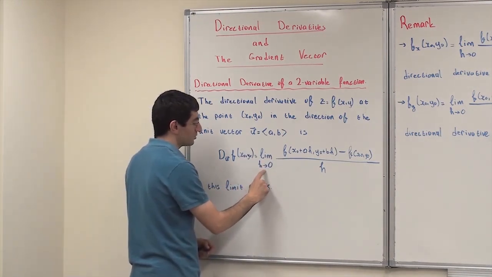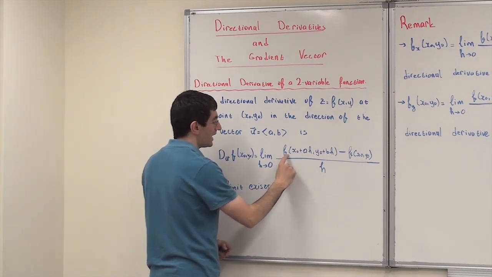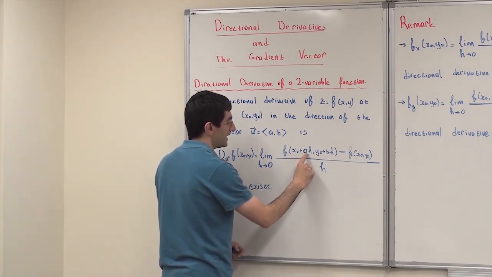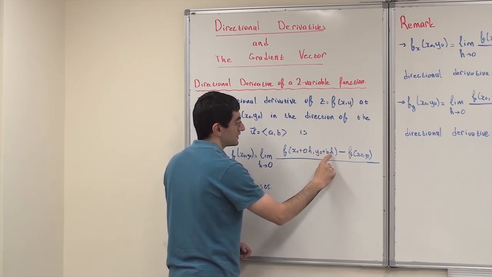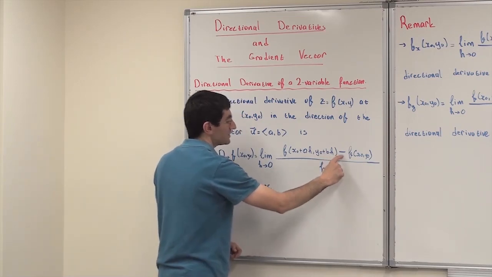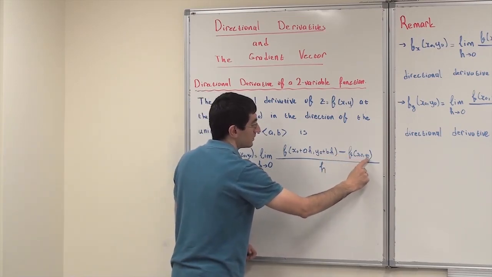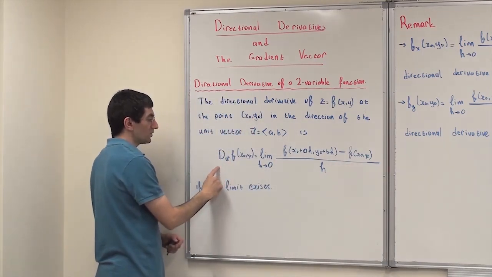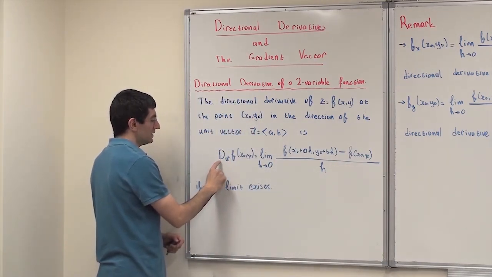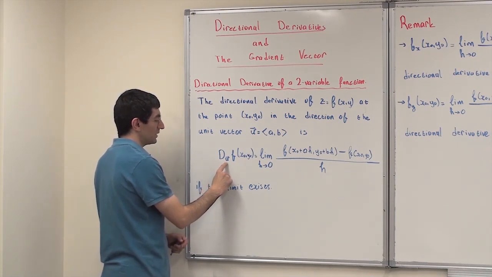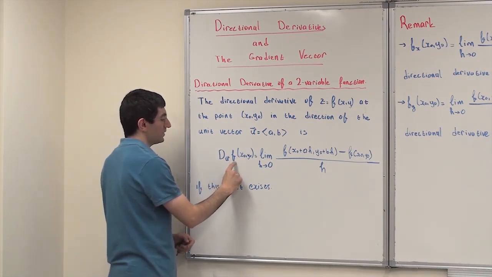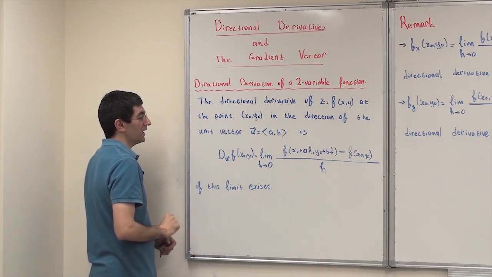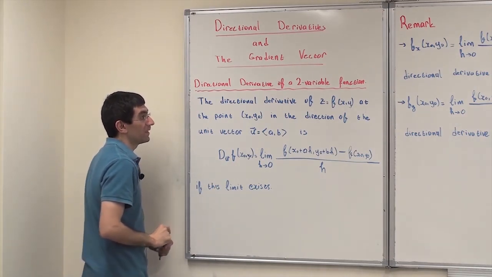Limit as h goes to 0 of f of x0 plus ah, y0 plus bh, minus f of x0, y0, all over h. Now, the notation we use for this limit is D subscript the unit vector u of f evaluated at the point x0, y0.